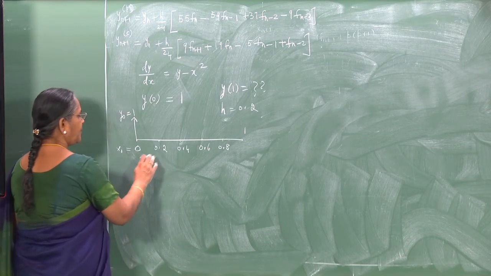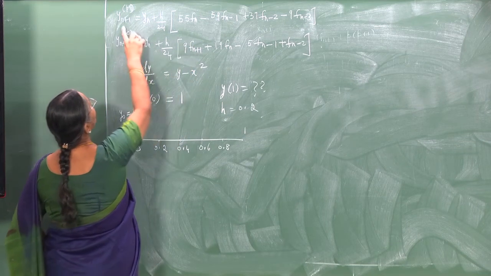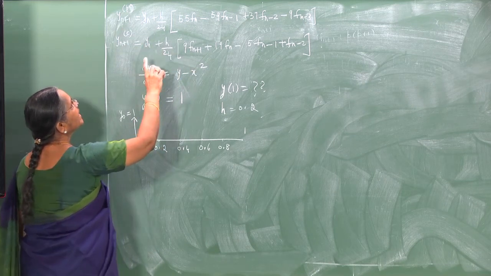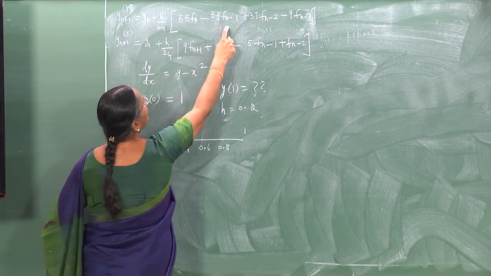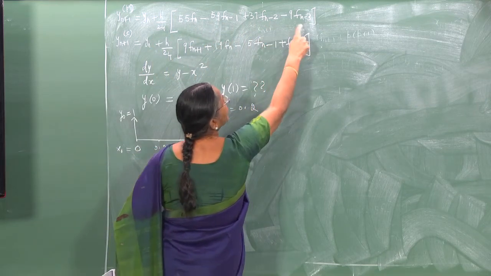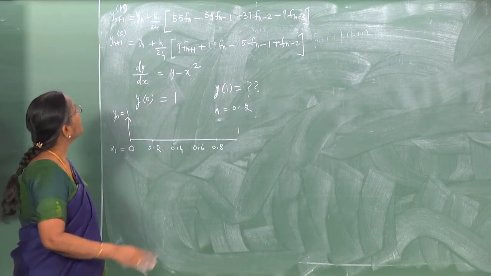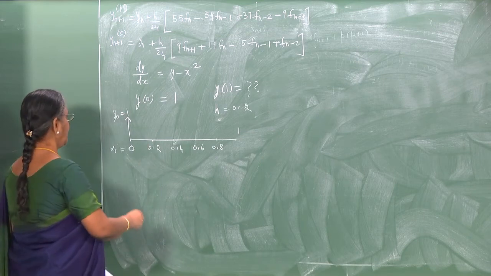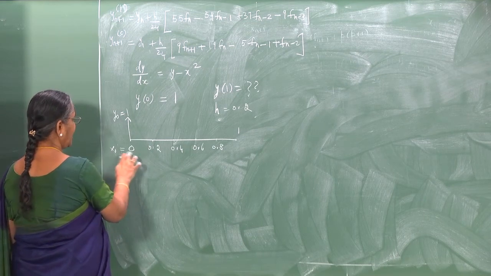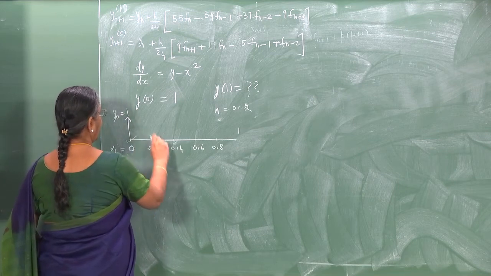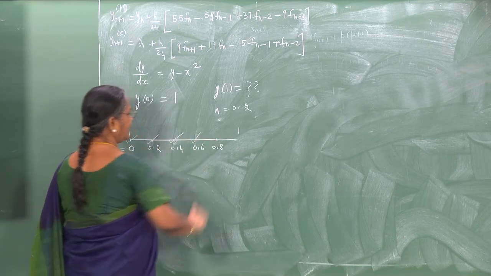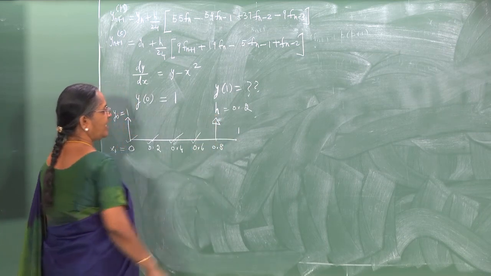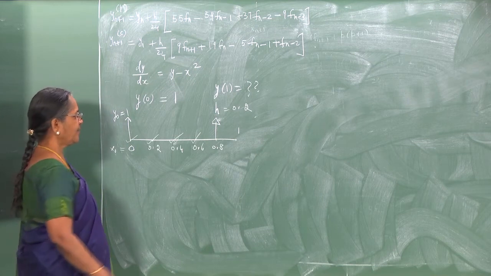I can compute the solution yn plus 1 and predict it if I know information at xn, xn minus 1, xn minus 2, xn minus 3. So, I require information at 4 points. If I know information at these 4 points, then I can evaluate the value at the next point using the predictor.